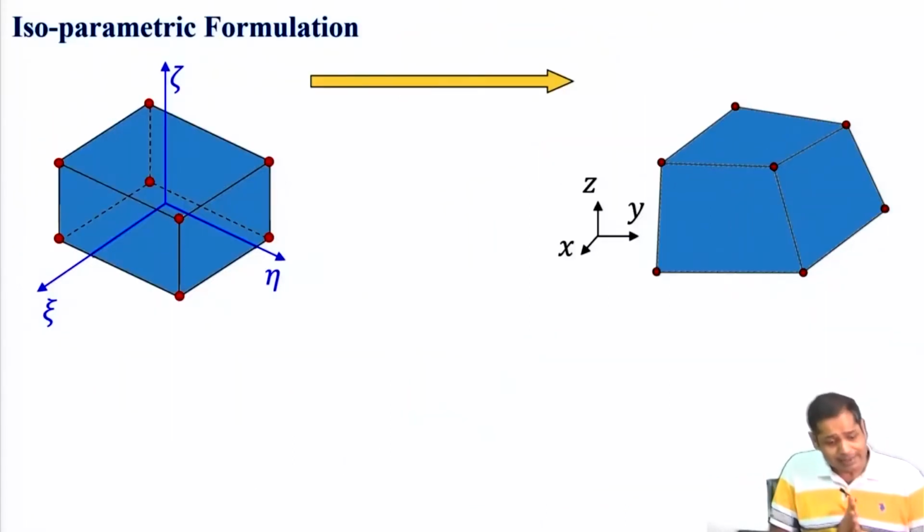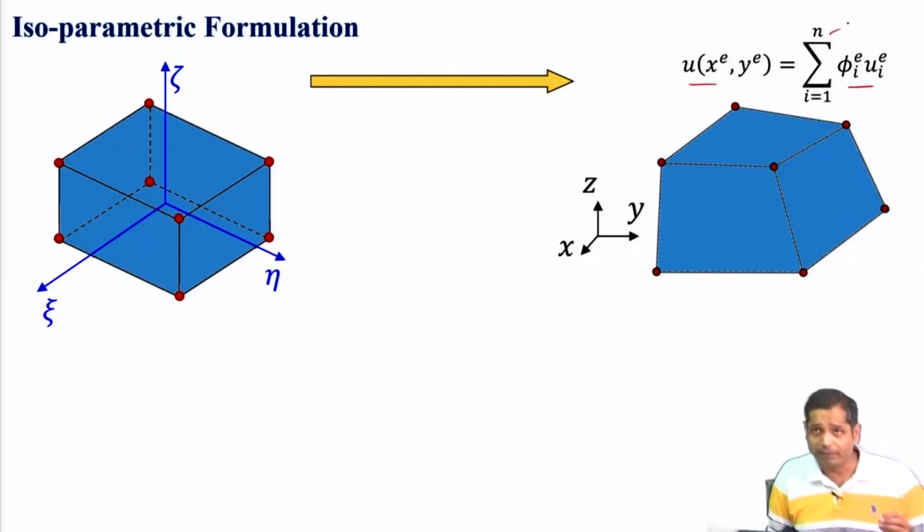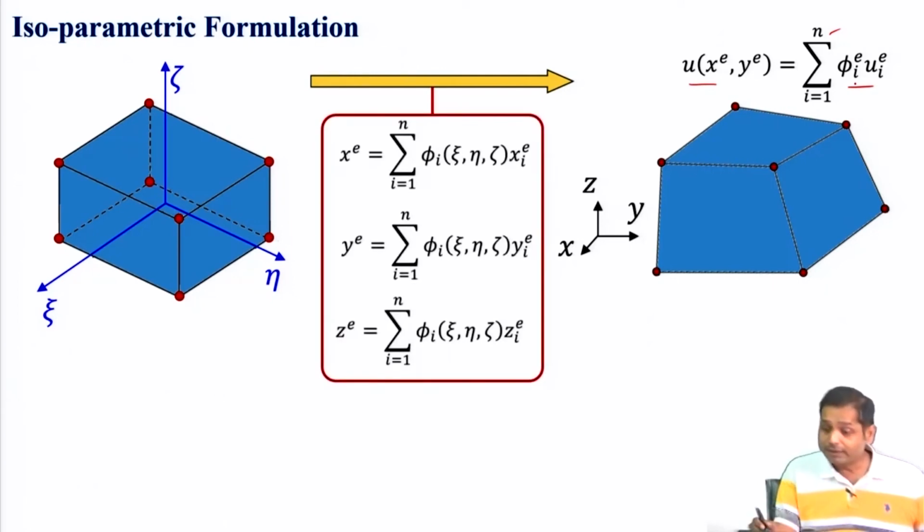Now, let's see what is that map in case of 3-dimensional problem. So, any field variable u is described with respect to the shape function, phi i are the shape functions, n is the number of nodes we have in the element. We have seen for brick element and tetrahedral element what are these shape functions. Now, this is how the field variable is approximated over this element, and the mapping of the geometry between the parametric space and the physical domain is also through the same shape function.